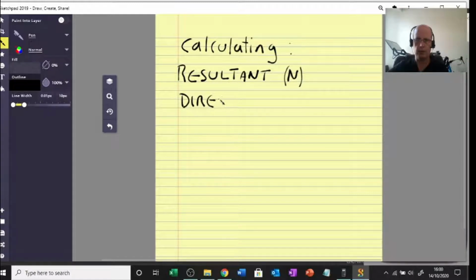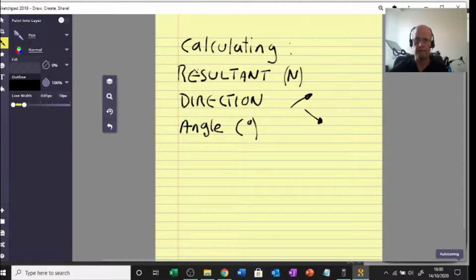What I mean by direction is, is it going like that? Is it going like that? And then we'll also do the angle, measured in degrees. So calculating all of these: resultant, direction and the angle.